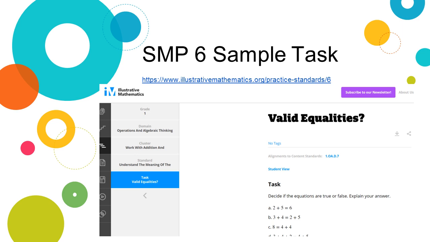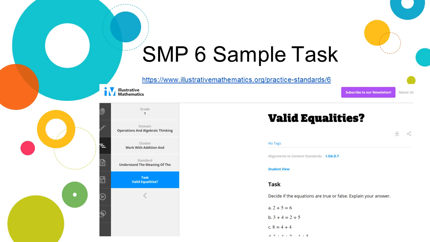For some students, an equal sign just means compute or the answer is, because they only see equations in that traditional form of 3 plus 4 equals 7. So in this particular task, students must attend to the meaning of the equal sign by determining whether or not the left-hand expression and the right-hand expression are equal.